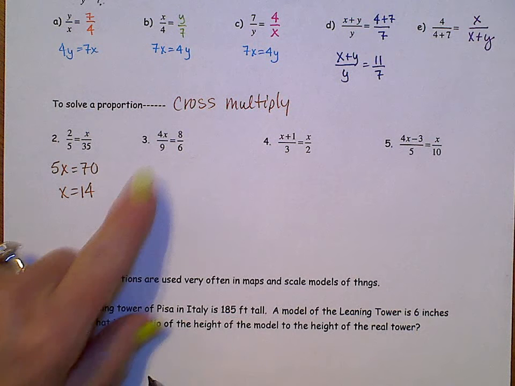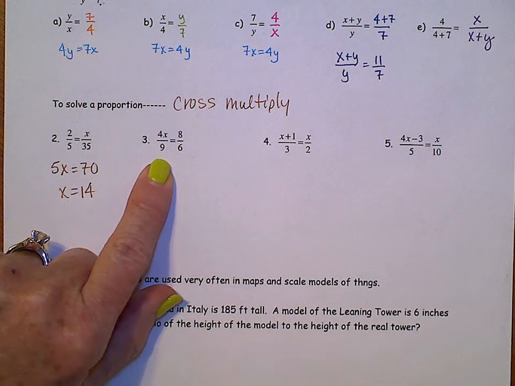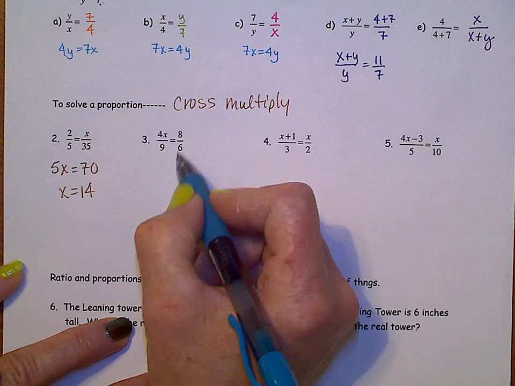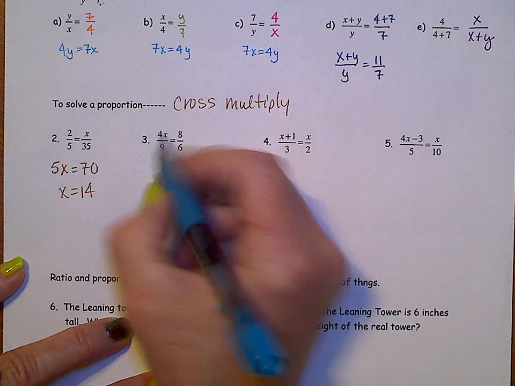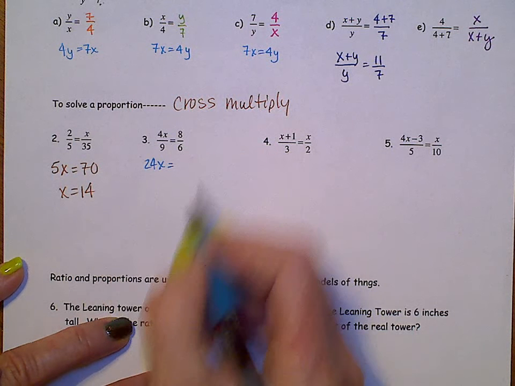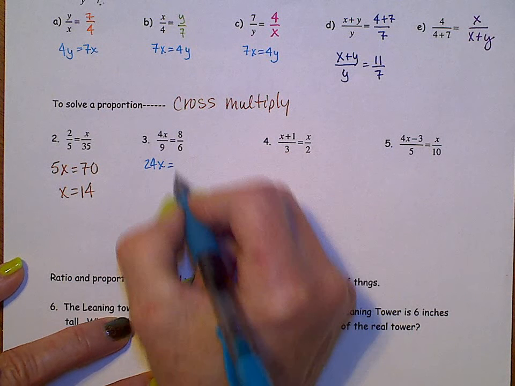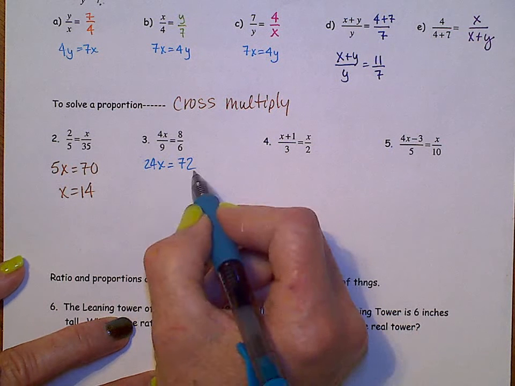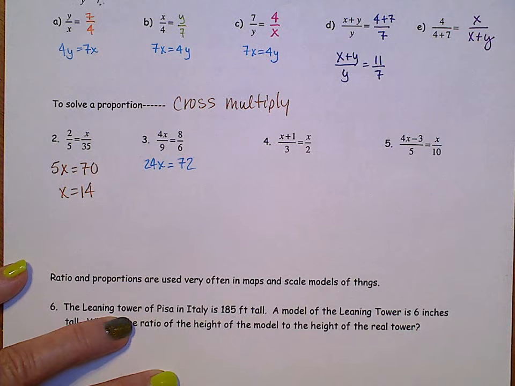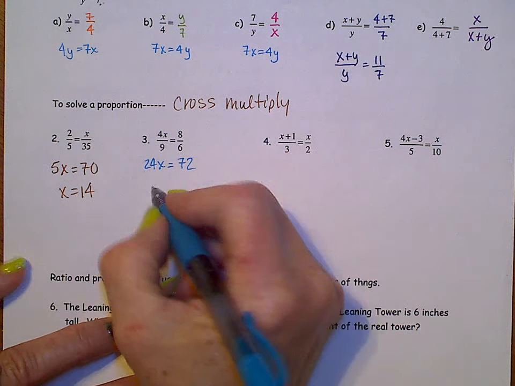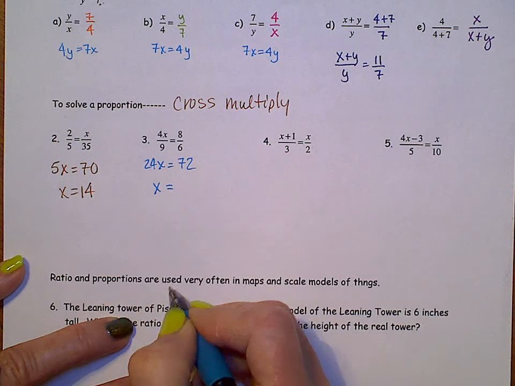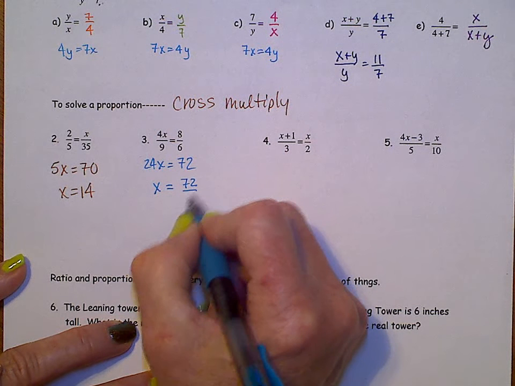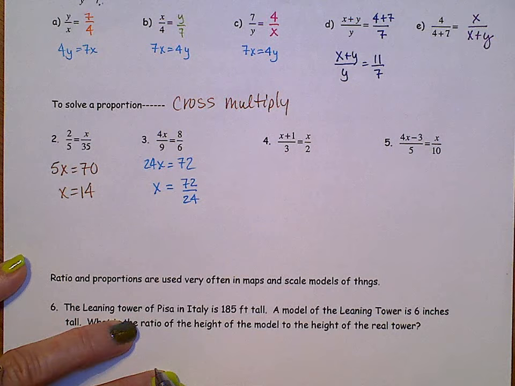All right, look at number 3 right here. Solving this one. Again, cross multiply. 6 times 4x, 24x equals 9 times 8, 72. Then divide this out, and if you don't know what 72 divided by 24 is off the top of your head, that's fine. Don't reach for your calculator. Just write this as a fraction, 72 divided by 24.